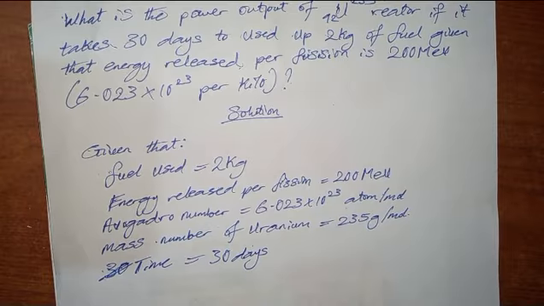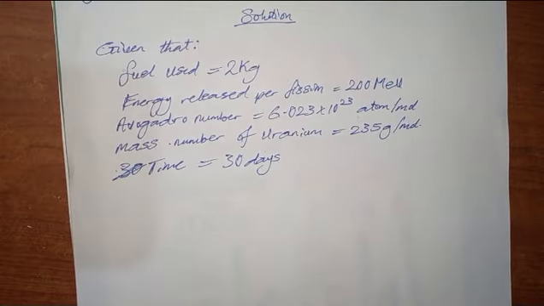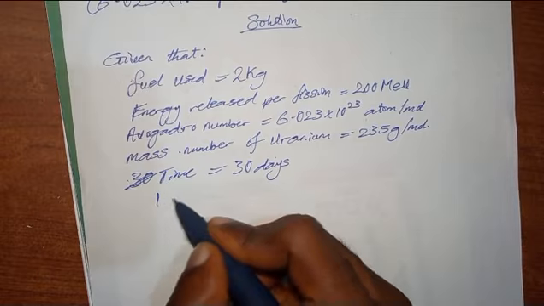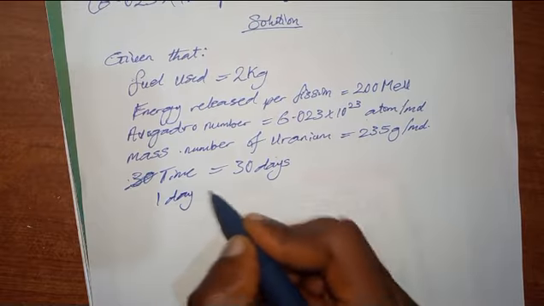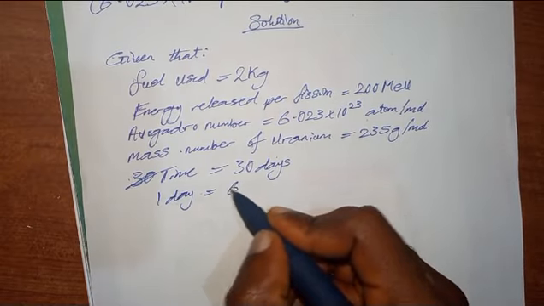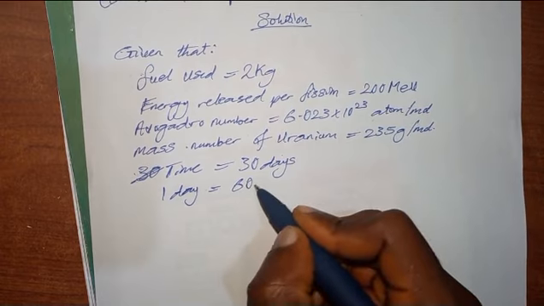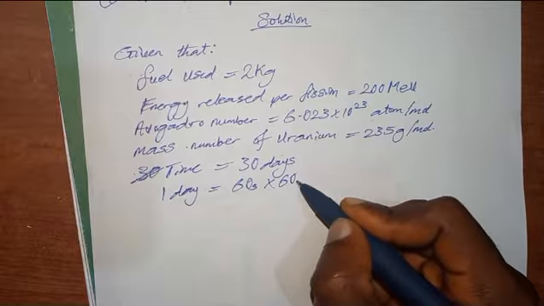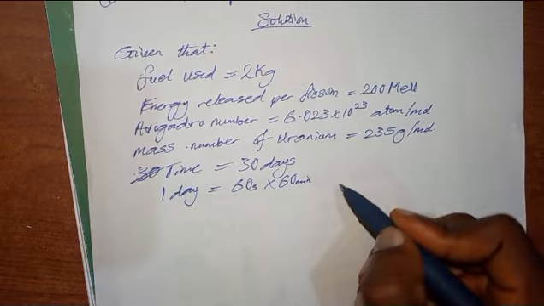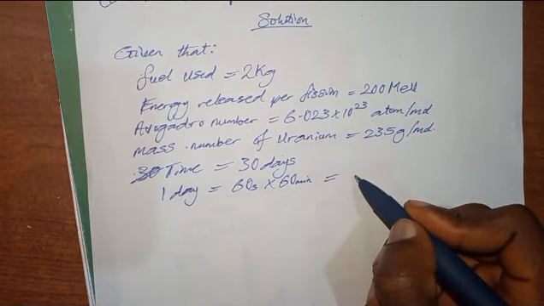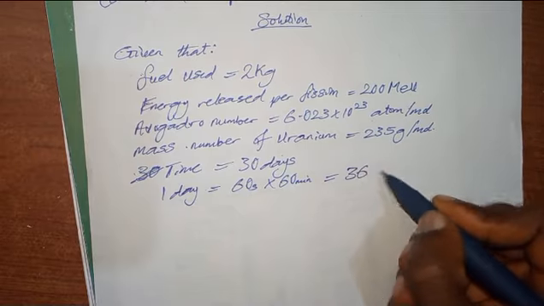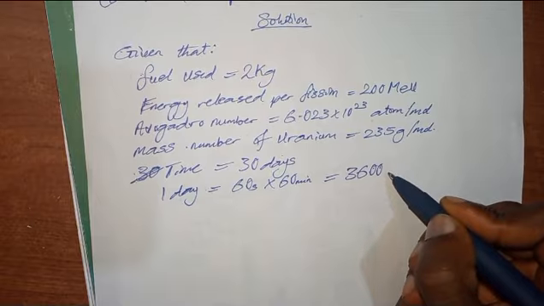We have to convert everything to their lowest unit so that we can solve it very well. Let's start with converting the time. One hour is equals to 60 seconds times 60 minutes, which is 3,600 seconds.